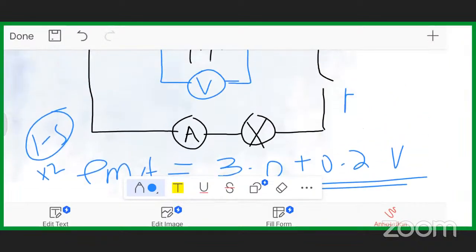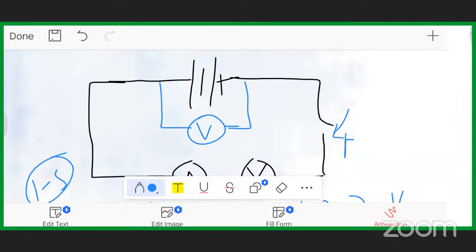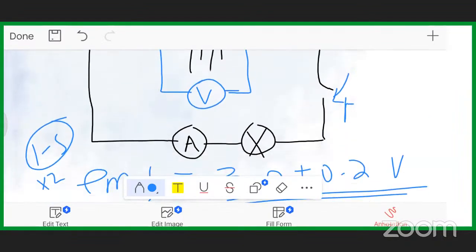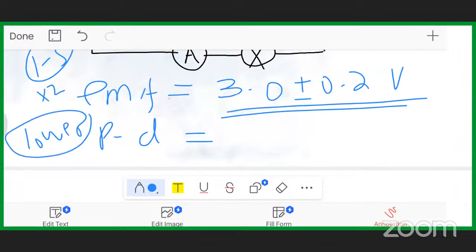But once the circuit is complete and we have closed our switch, then this voltmeter will give a reading, and that reading will be called the PD, the potential difference. That reading will always be lower than the EMF. So if in your experiment you get the EMF to be 3.0, and you write for us a PD of 3.4, that's not practical.